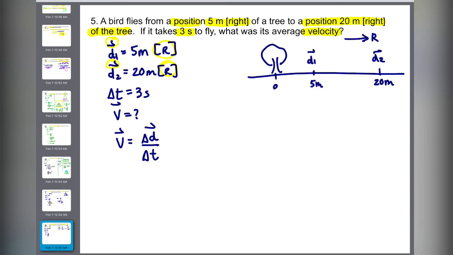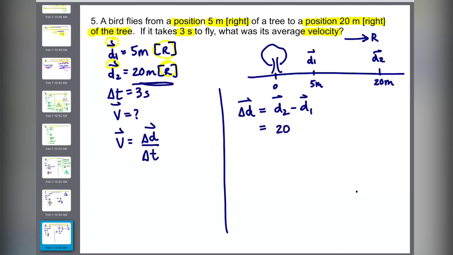There are 2 ways to do it. You can plug it right into this equation, or you can do it separately. I'm just going to do it separately just to make sure everybody's on board. We learned this in the last class. To calculate delta d, it is the final position minus the initial position. Put your arrows down. Final position is 20. I got it from the data list here. 20 minus the initial position, which is 5. So 20 meters minus 5 meters is 15 meters to the right.